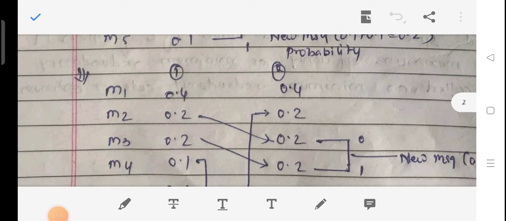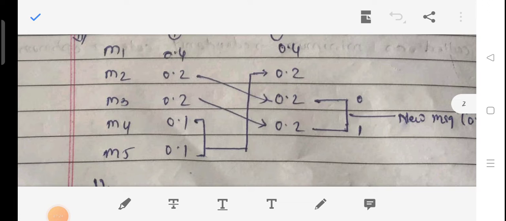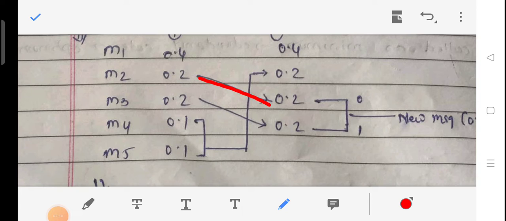So in the second stage, we write the messages in decreasing probability: 0.4, 0.2, 0.2, and these two are the original messages M2 and M3. Also write down the path for each message, where M2 travels from this point to this, M3 travels from this point to this, and this new message generated is here.